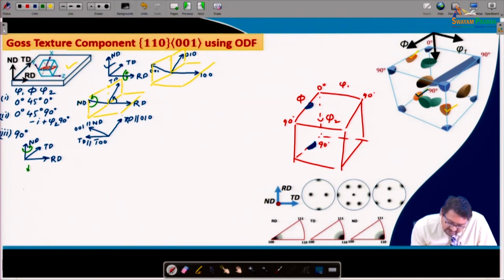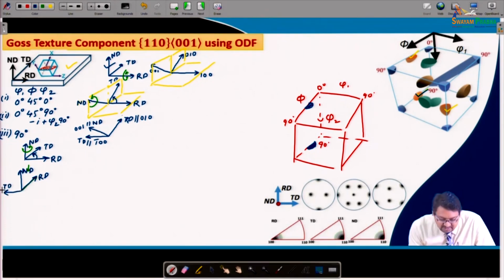Then RD will go, let us use the perfect color for RD. So, ND will remain at the same position, RD will rotate like this and go here, and TD will rotate and come here by 90 degrees.